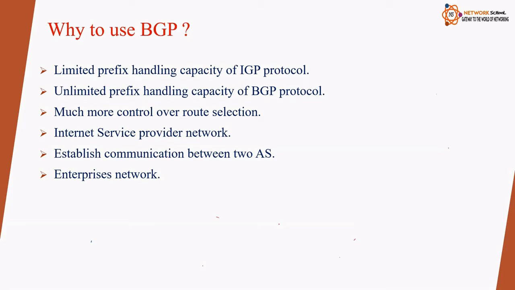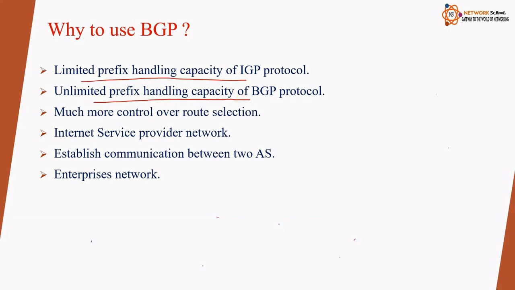BGP can handle more than millions of routes. Therefore, in today's environment, whenever you look into the internet, you will always find BGP. Hence, my first point says: limited prefix handling capacity of the IGP protocol and unlimited prefix handling capacity of the BGP protocol. Therefore, we do use BGP.